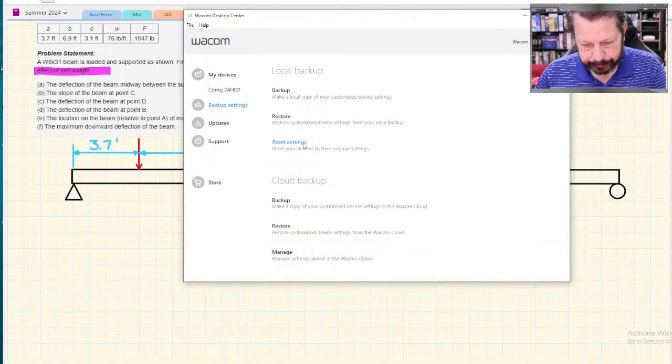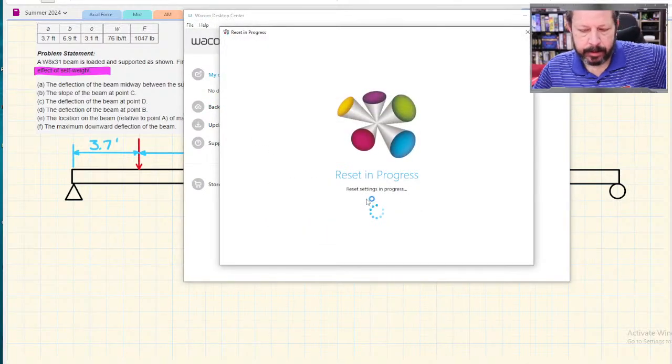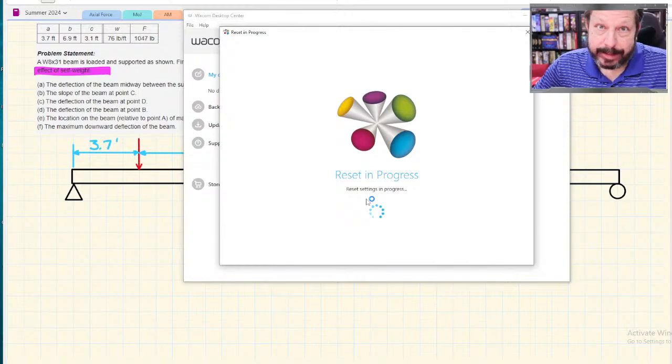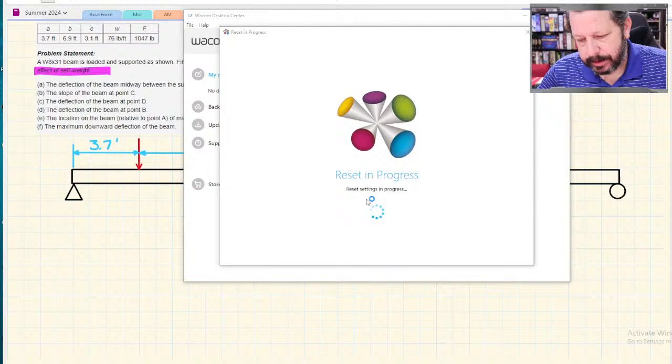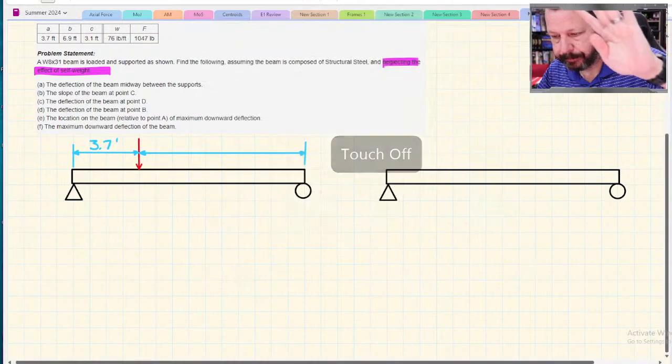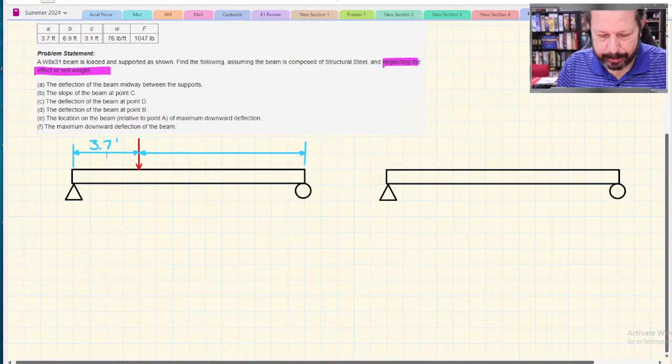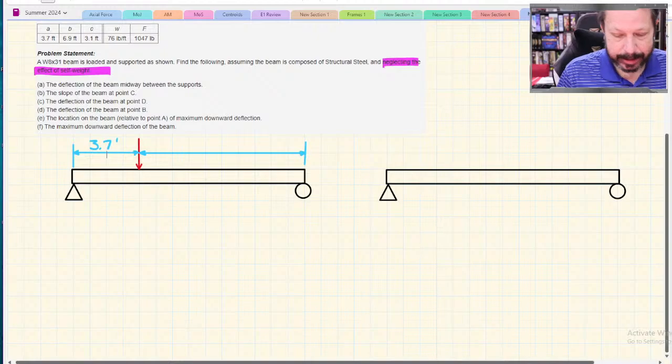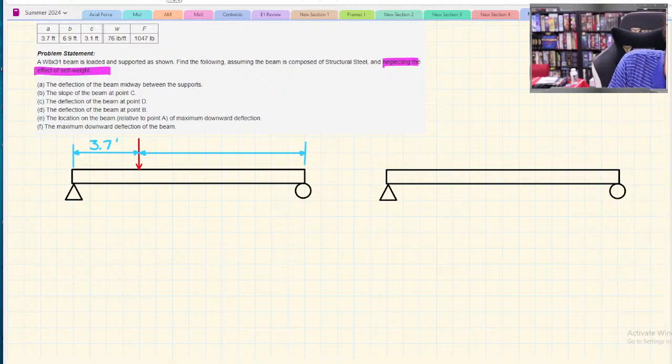Every now and then it needs a reset so I can turn the touch feature off. There we go. All right, now when I touch the screen, it doesn't actually go crazy.